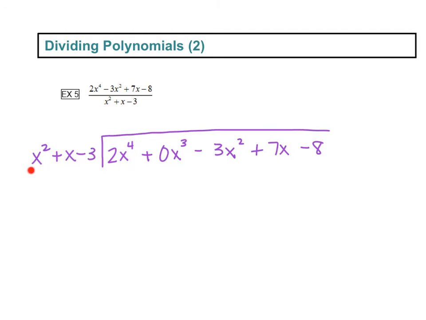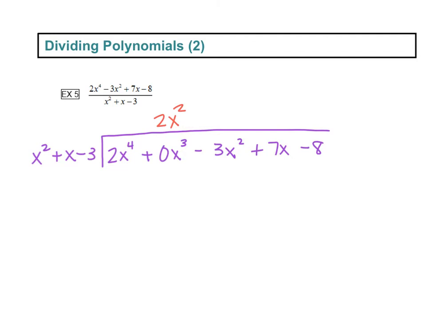So again, we focus on the first terms. X squared times what gives us 2x to the fourth, and that is a 2x squared.